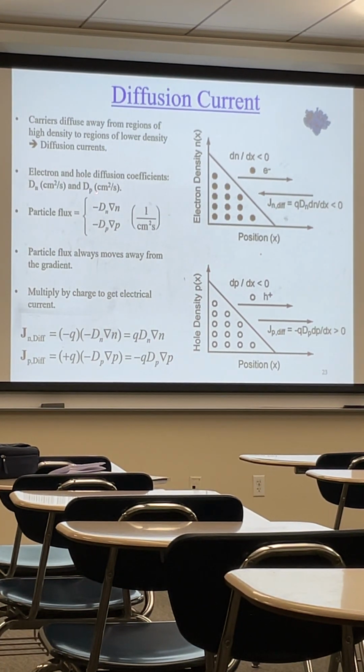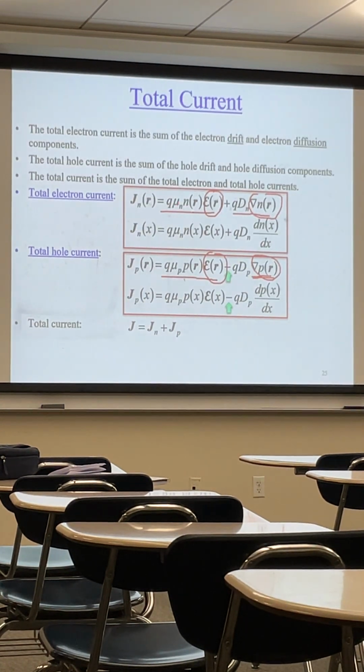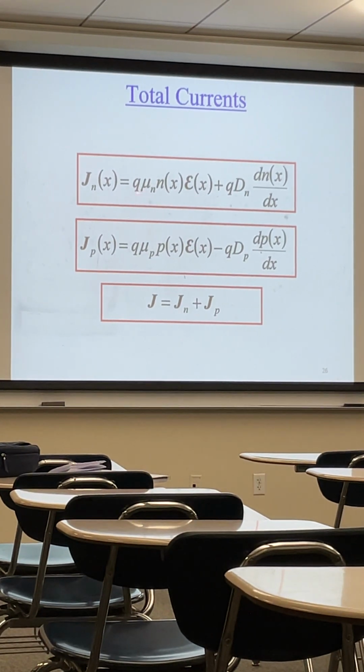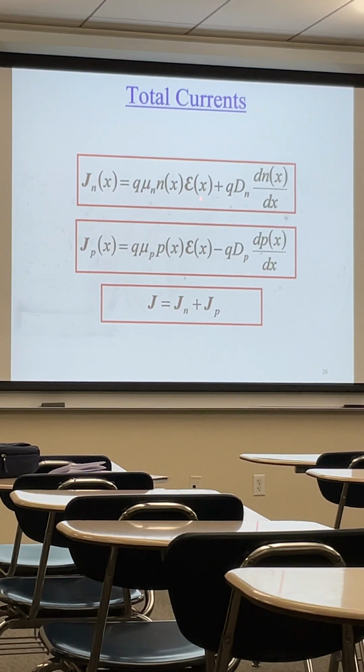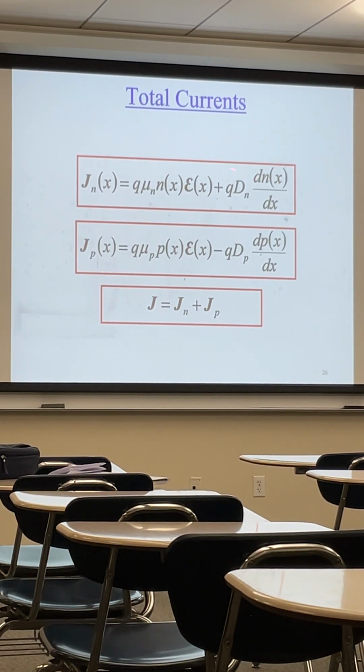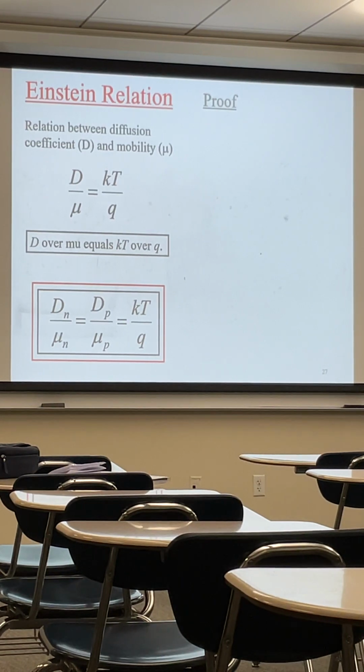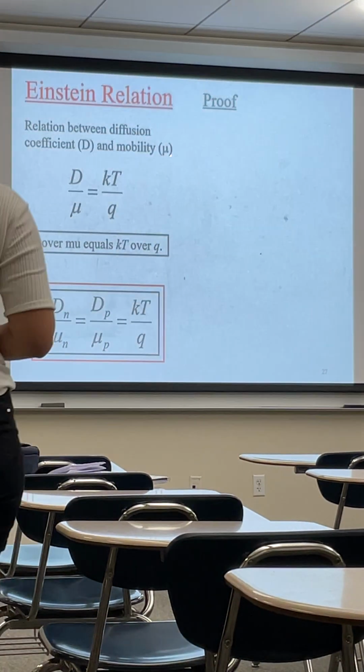The mobility is in the drift current, and the diffusion coefficient is in the diffusion current. There's actually a certain relationship between these two, mobility and the diffusion coefficient, and this is called the Einstein relation.